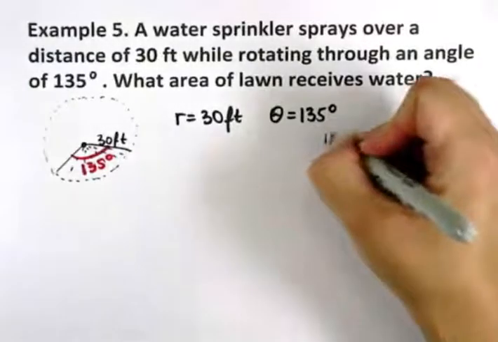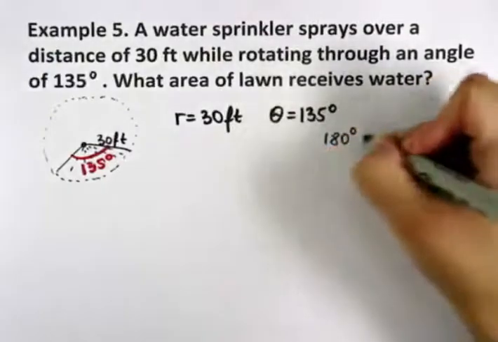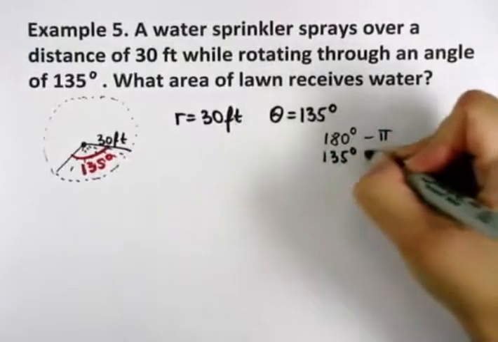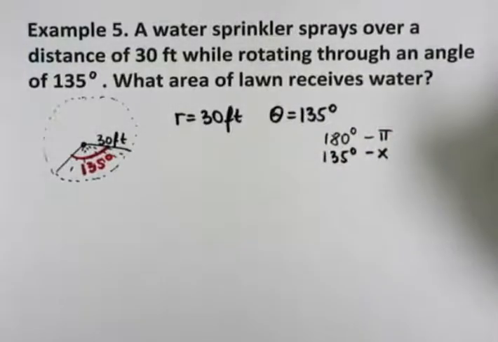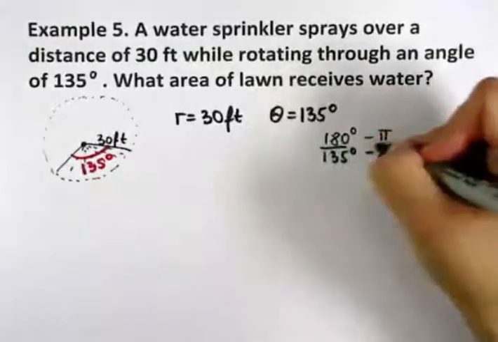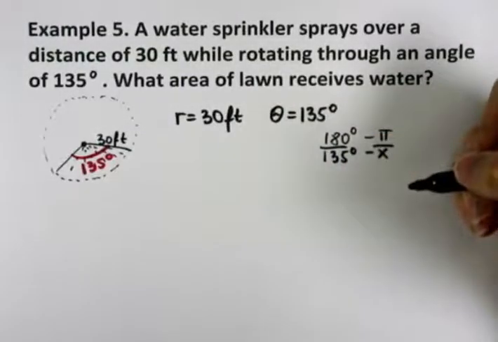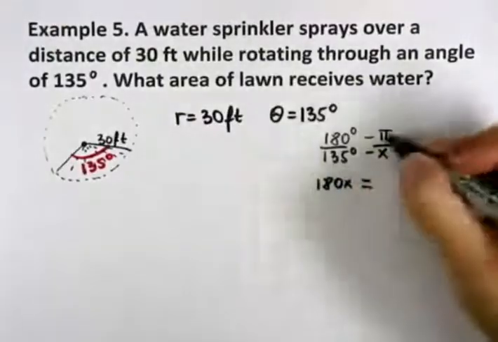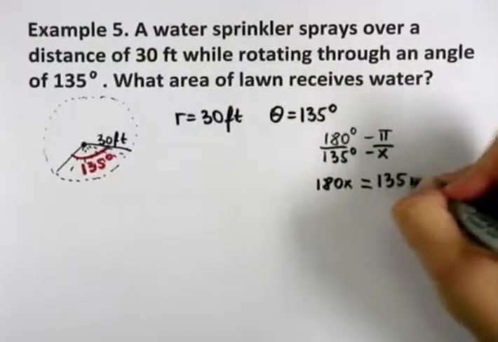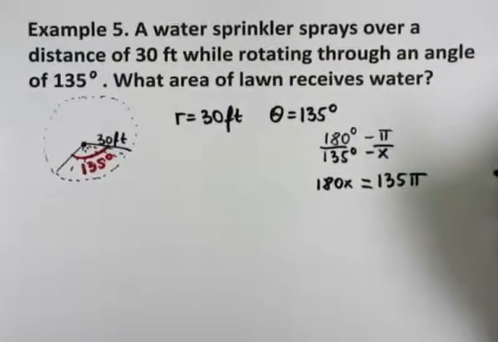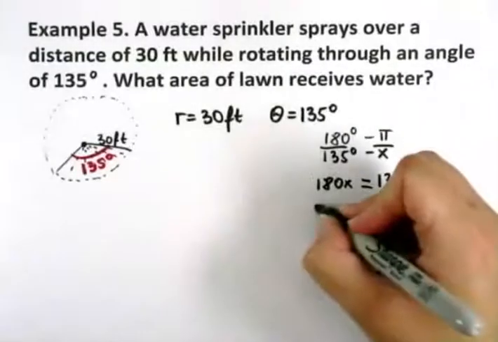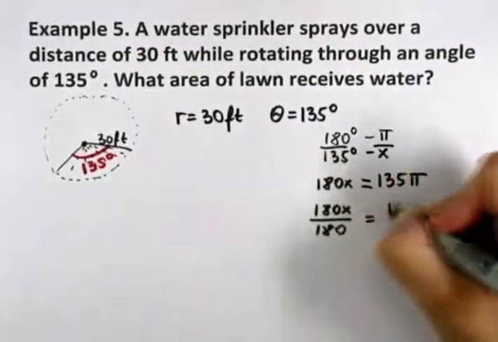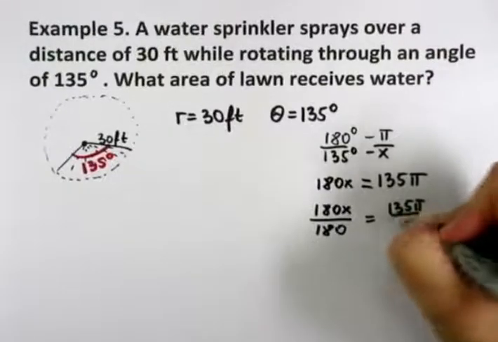So we have 180 degrees is pi radians, and 135 degrees is x radians. Cross multiply: 180 times x equals 135 times pi. Divide both sides by 180, and I have 135 pi over 180.